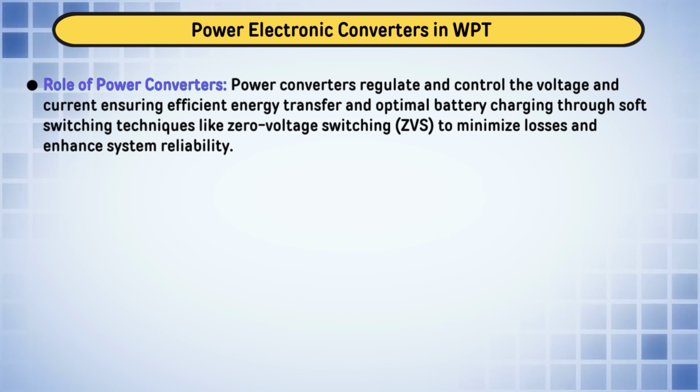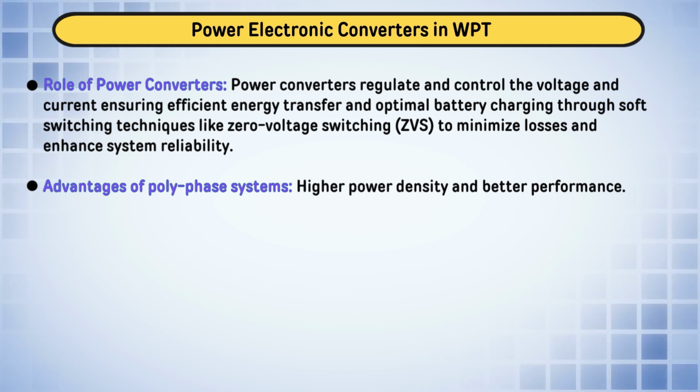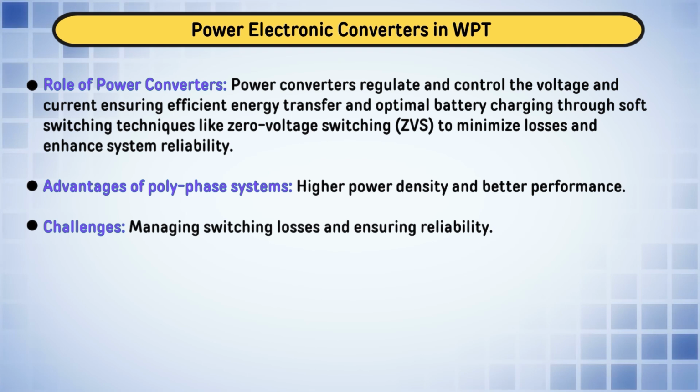These two units, input and output, are isolated through a high frequency transformer. As we can see in the other figure, power is transferred from source to battery as well as from battery to source.